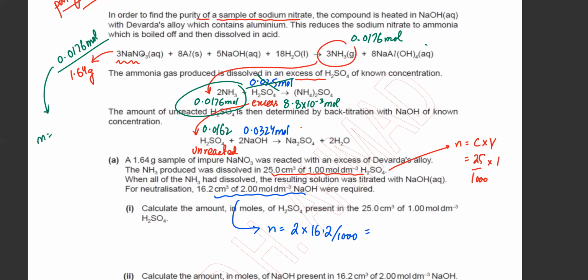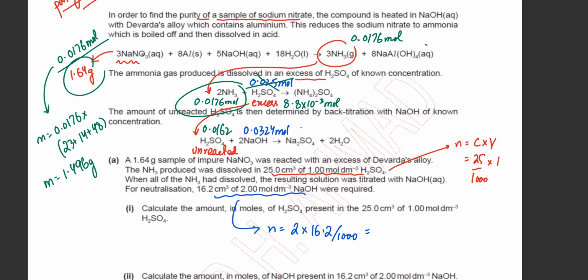It's moles multiplied by the Mr of NaNO3. What will that be? 23 plus 14 plus 16 times 3, which is 48. So what is the mass that we're getting? 1.496. So we're getting 1.496 grams.